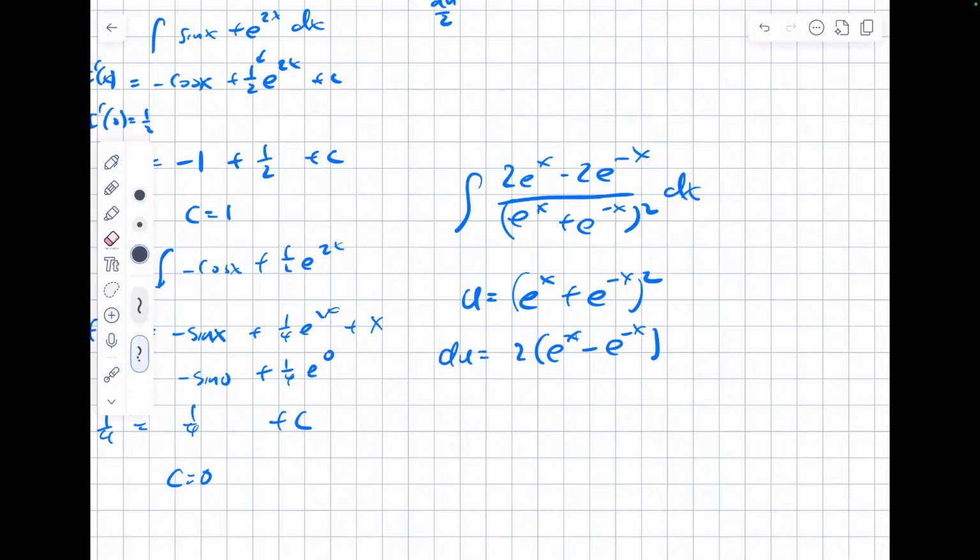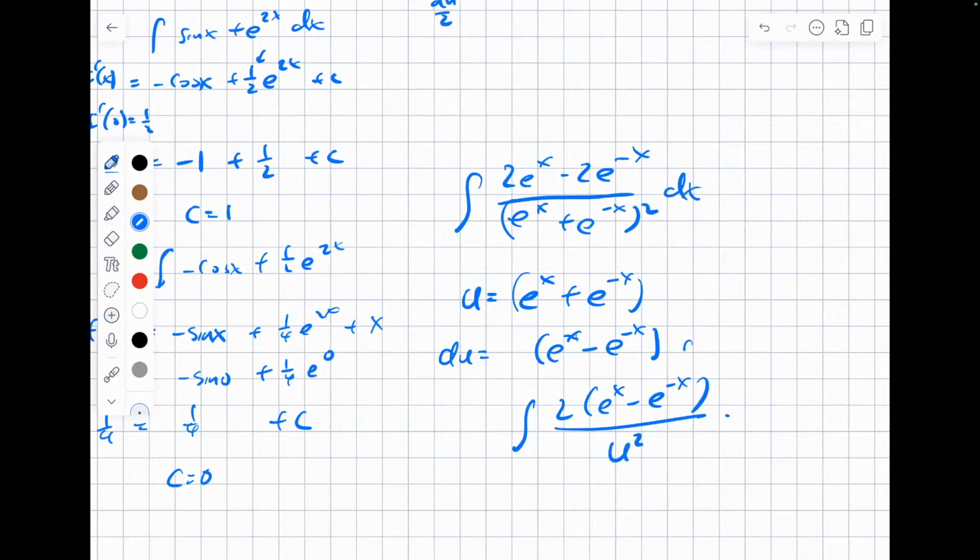Oh no, u is equal to this, sorry. U is equal to e to the x plus e to the negative x. So this is going to be 2 in the front, 2 times e to the x minus e to the negative x over u squared, and this one is du over e to the x minus e to the negative x.